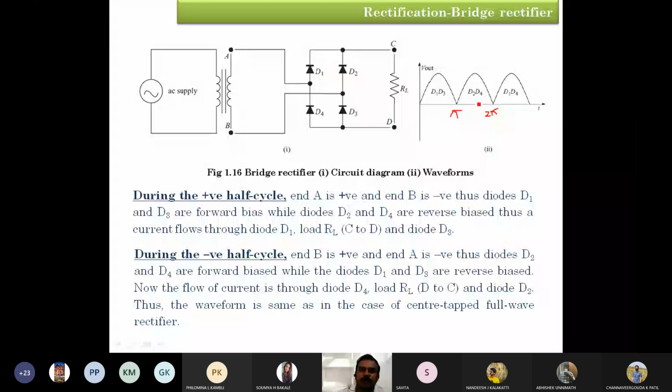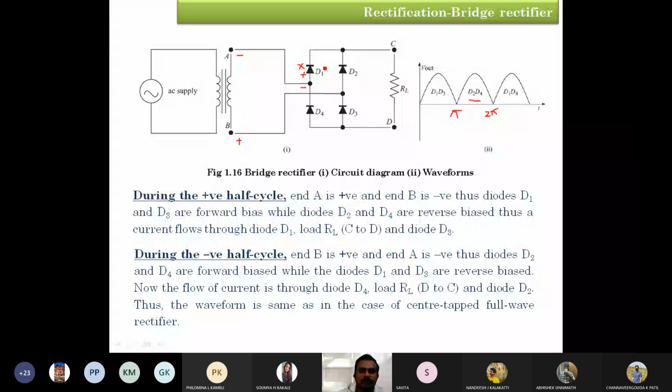If you want to observe, you can observe here. During the negative cycle, the B terminal is positive. So the anode of diode D1 is connected to the negative of the power supply, and diode D1 is in reverse bias condition. What about D4? Before going to D4, let me go to this positive terminal.